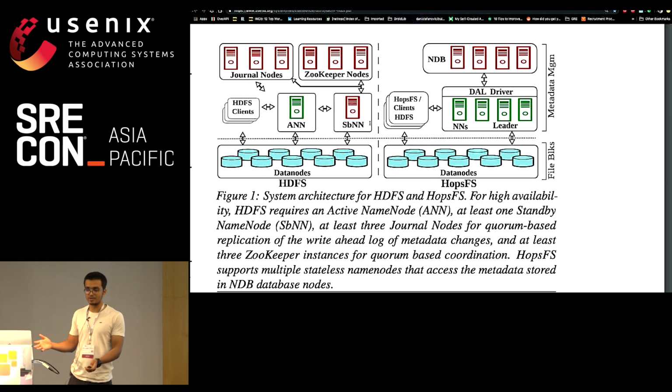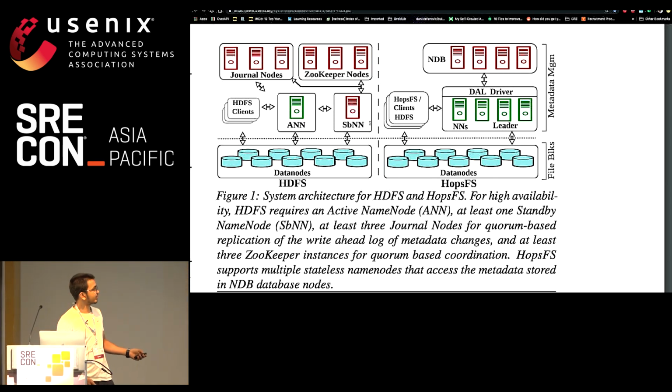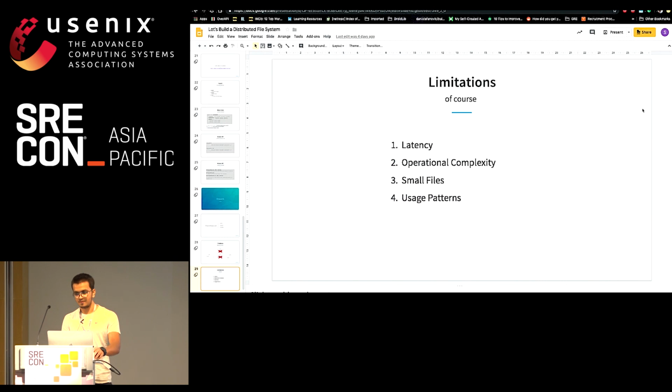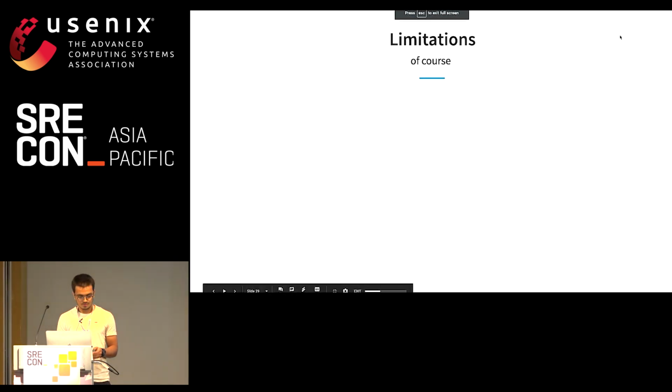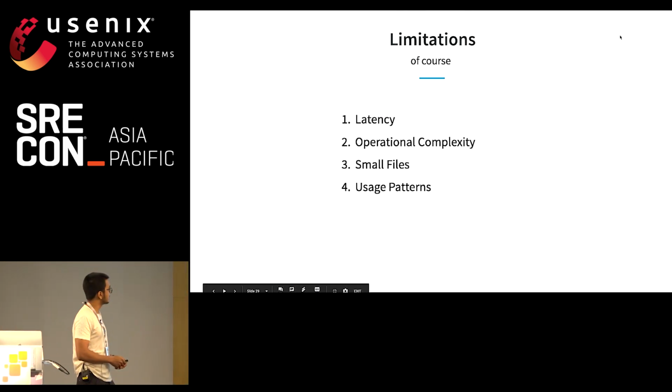So this gets operationally complex. In the case of HopsFS, you can see that instead of journal nodes, there's a MySQL cluster, and you have n number of metadata nodes. So it gets operationally complex.